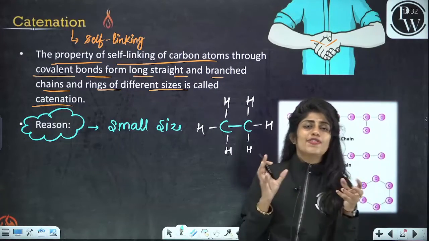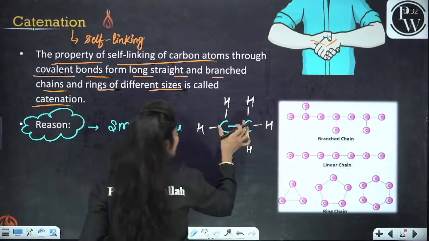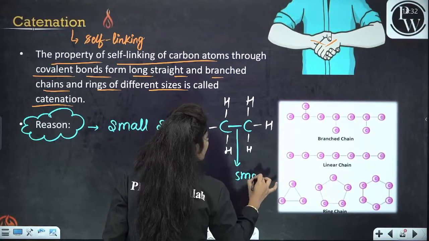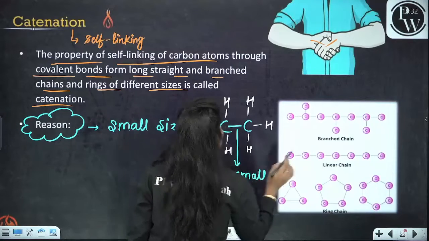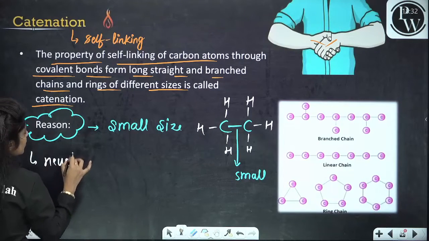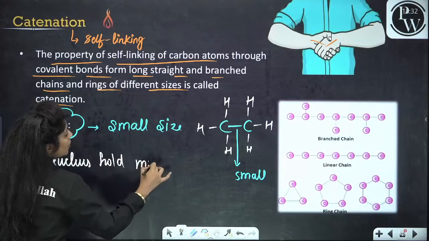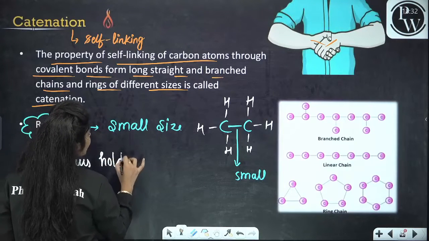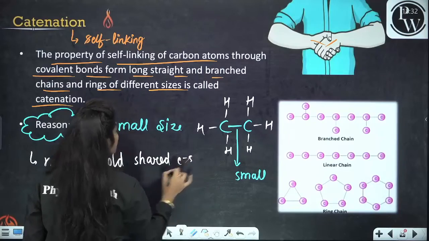If carbon has a small size, then the bond formed between those two carbons will also be small. And you can say that the nucleus holds the shared electrons more tightly.